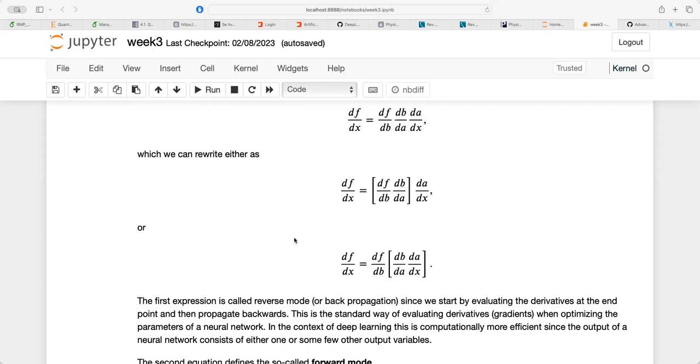Reverse mode is, as you can see here, the chain rule, and it is nothing but the back propagation algorithm used in neural networks. This is something which is under-communicated in the community. Many people think that back propagation is just some fancy algorithm which applies to neural networks, but it is actually an application of the chain rule in reverse mode. Are you with me on these simple things? Okay.